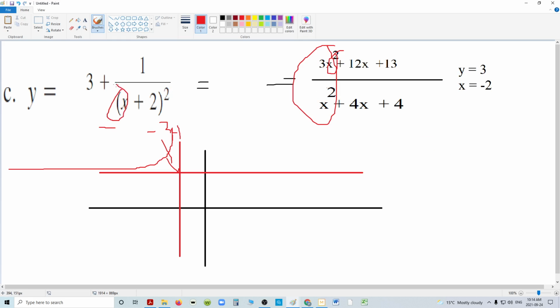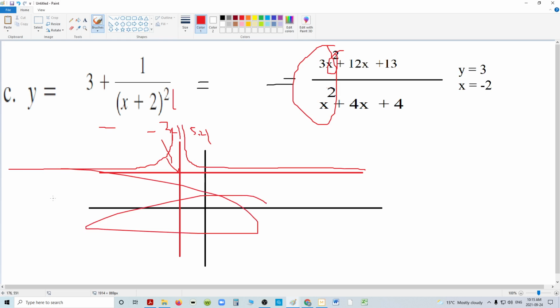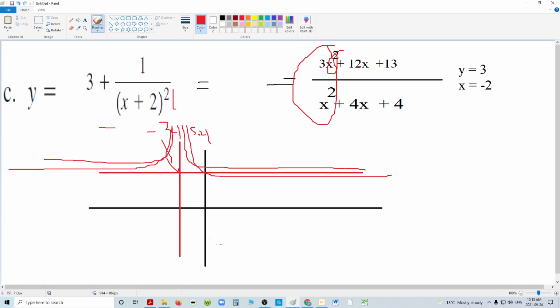Minus 1. We get minus 1 plus 2 is 1 squared. It's 3 plus 1 again. So we have a point at minus 1 comma 4 on this other side. That almost immediately tells me, since it doesn't cross the horizontal asymptote and doesn't cross the x-axis, that this is what we're dealing with. So let's put it 3 plus 1 over x squared.